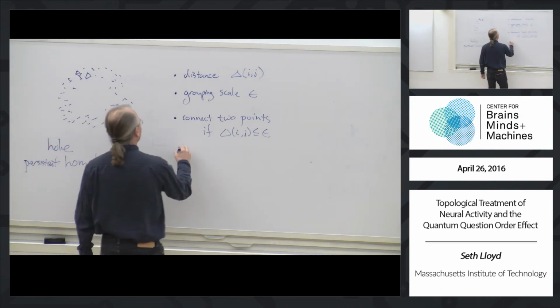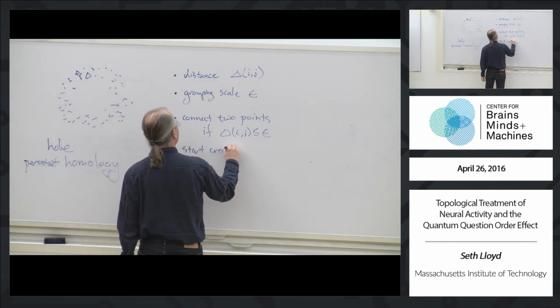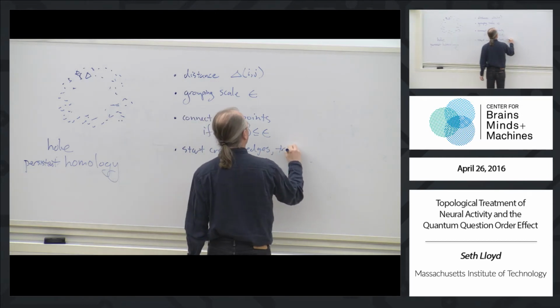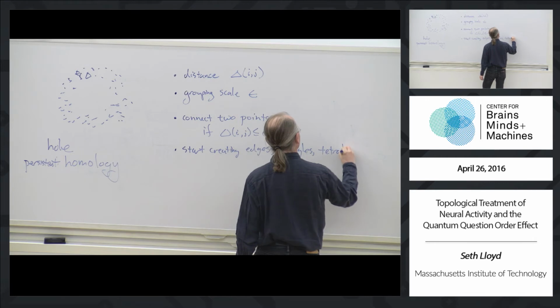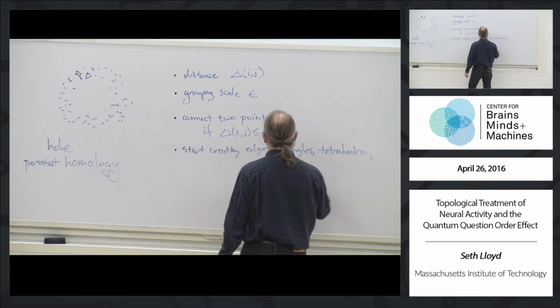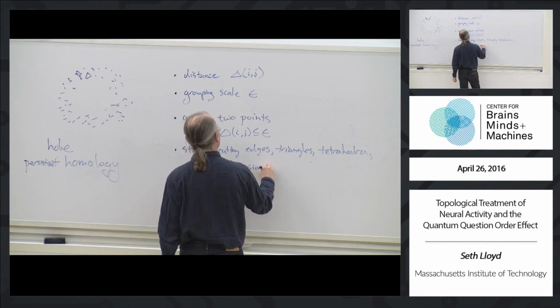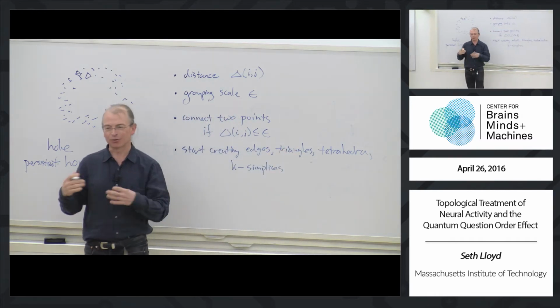Okay, so start creating edges, triangles, tetrahedra, etc. And these things are called simplices, K-simplices. So a triangle is a 2-simplex. It's a 2-dimensional simplex.